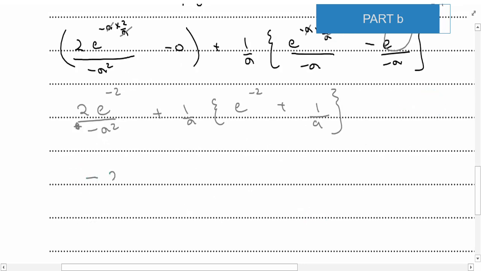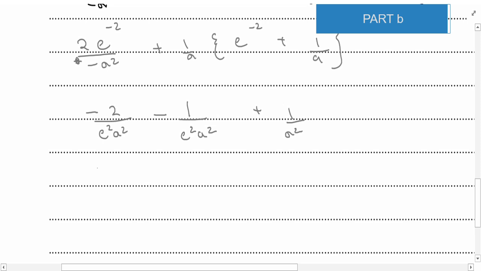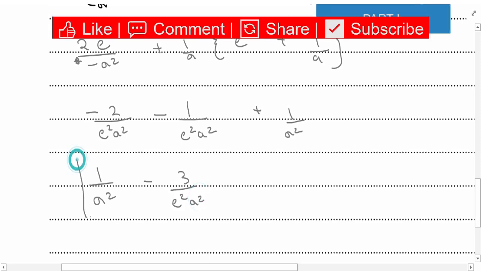It becomes 2 divided by e squared a squared, plus 1 over a e squared, plus 1 over a squared, minus 1 over e squared a squared, plus 1 over a squared. If we rearrange, it becomes 1 over a squared minus 3 over e squared a squared. So this is our final answer.